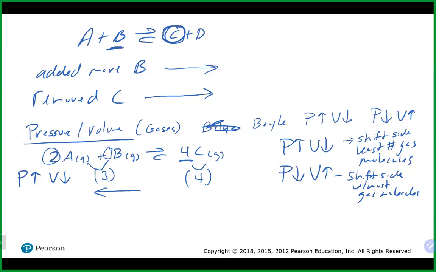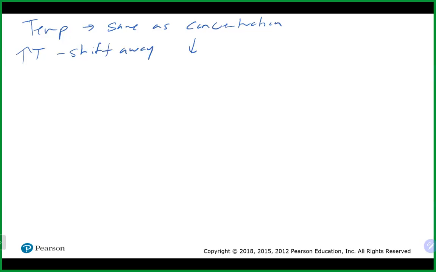Question on that there. The last type of sort of change that could occur in Le Chatelier's principle involves temperature. And it works the same as concentration, which means that if you increase the temperature, it will shift away. And if you decrease the temperature, it will shift towards.